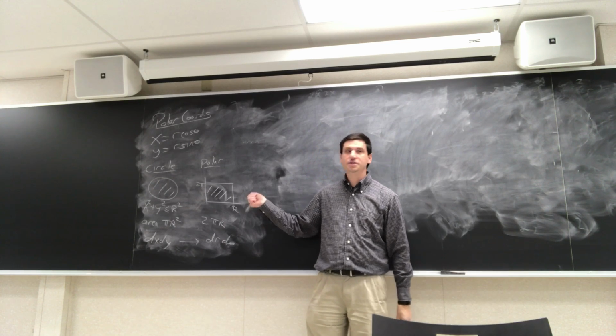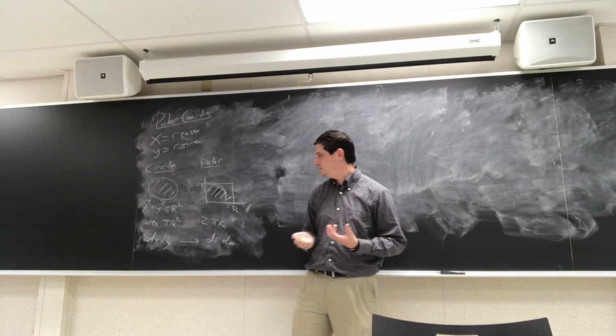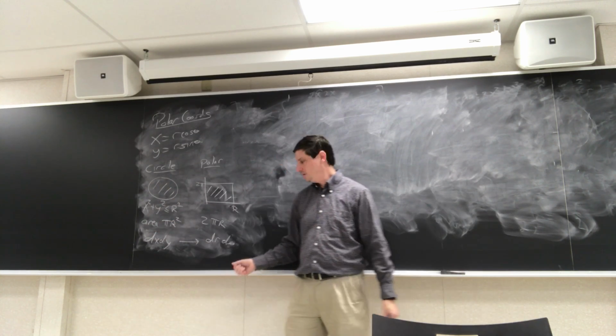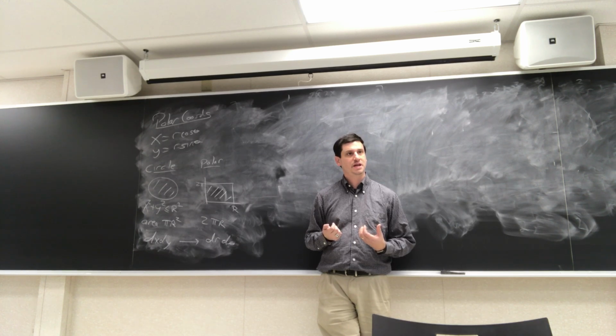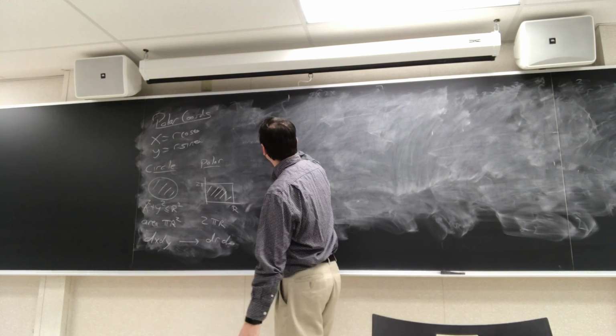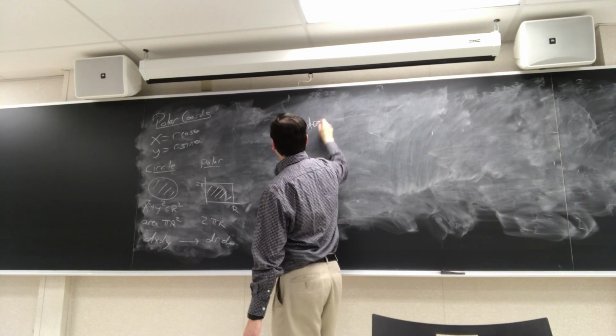The other thing is, units are enough to tell us that this is wrong. If x and y are in meters, area is meters squared, dx dy, great, meters squared. But dr d theta only has units of meters. Theta is just an angular measurement. And this is why I think that the correct conversion factor is r dr d theta.